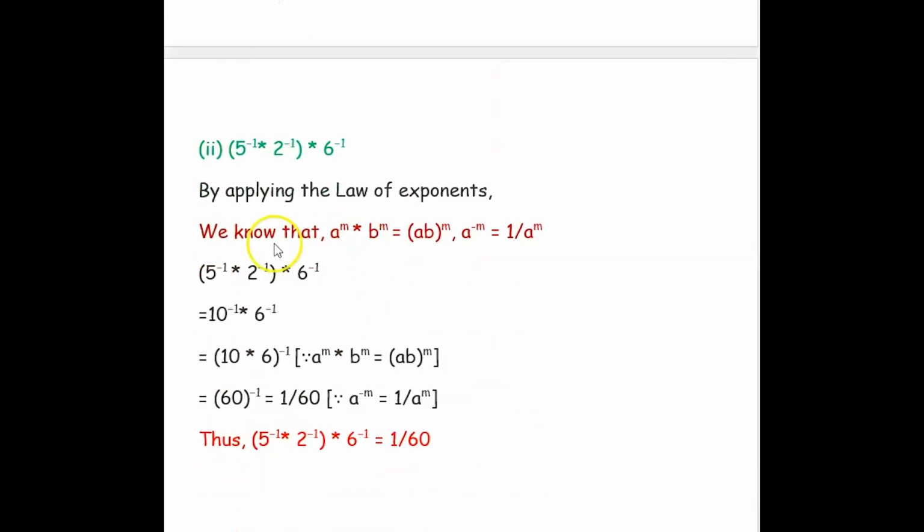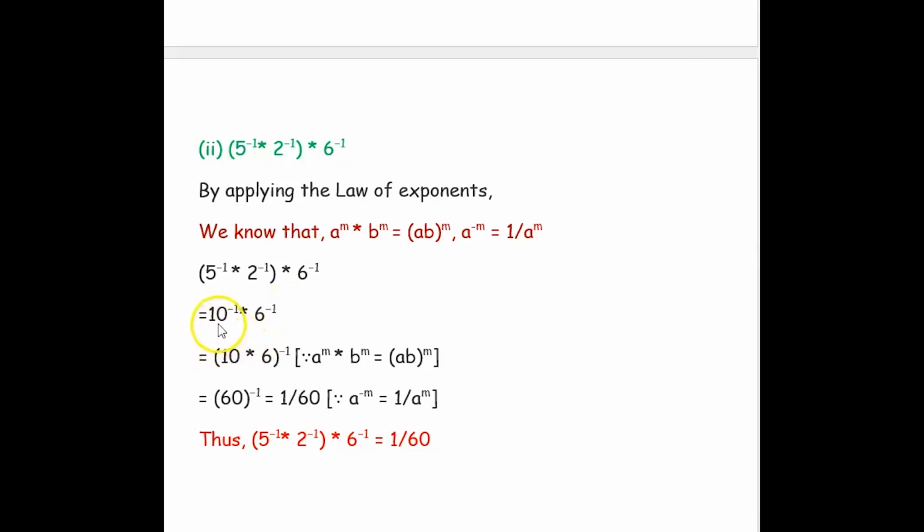Let us see the next one. 5 raised to the power negative 1 into 2 raised to the power negative 1 into 6 raised to the power negative 1. So we know the formula a raised to the power m into b raised to the power m equal to ab raised to the power m. So if the base is different and powers are the same, we can multiply the bases and put the power. So 5 into 2 is 10 raised to the power minus 1 into 6 raised to the power minus 1.